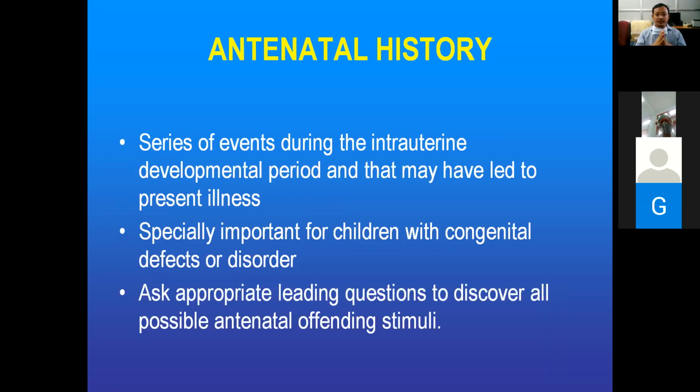We have to ask appropriate leading questions to discover all possible antenatal offending stimuli, like maternal disease or disorder, like if the mother is suffering from diabetes, hypertension or UTI, or lifestyle, for example, whether there is any smoking history, any alcohol history, or any drug intake in the mother, and also drug history in the mother, for example AEDs like phenobarbital or valproate, or drugs like ACE inhibitors if the mother is consuming.